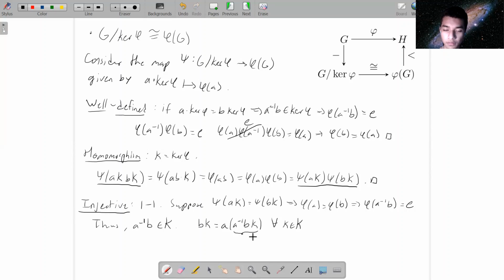Now, since the kernel is a subgroup, that's a group, we know that this is in the kernel. Hence, what we're saying is that the left coset of the kernel by B is the same as the left coset multiplied by A. However, this is exactly the definition of injectivity. Having the same image means they are the same thing.